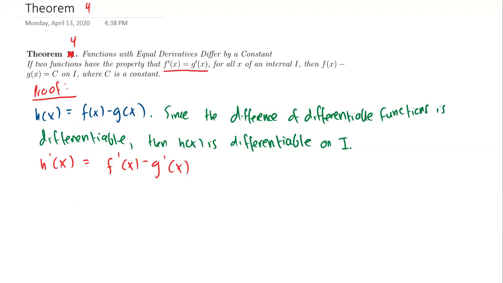We know that f prime equals g prime on I. So if we subtract them, we get 0. So h prime of x equals f prime minus g prime, just by definition of h and how you take derivatives. And by assumption, since f prime equals g prime, this is equal to 0 on I. Okay, so the derivative of h equals 0 on I.